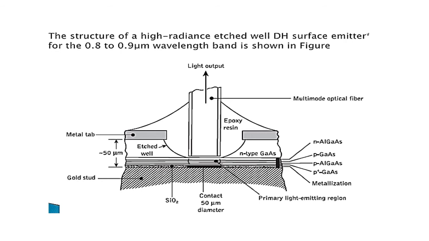In this configuration, a well is etched in the substrate, and it will avoid the heavy absorption of the emitted radiation. The circular active area in a practical surface emitter is nominally 50 micrometers in diameter, up to 2.5 micrometers thick. The emission pattern is isotropic with a 120 degree half power beam width.